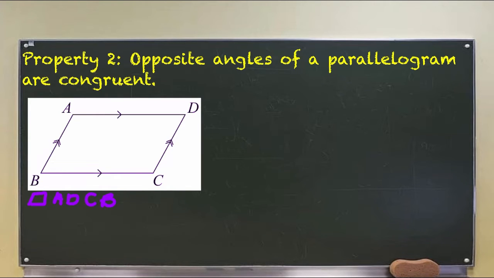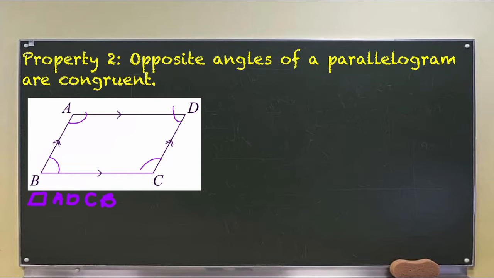Meron tayong 4 na angles. Ang angle na meron tayo ay angle BAD. We have also angle ADC, angle DCB, at ang angle CBA.